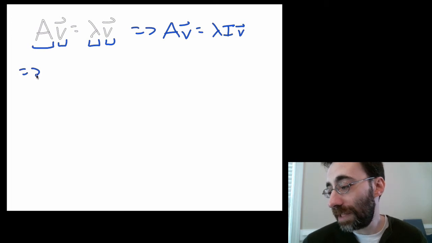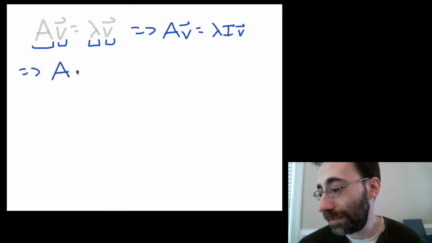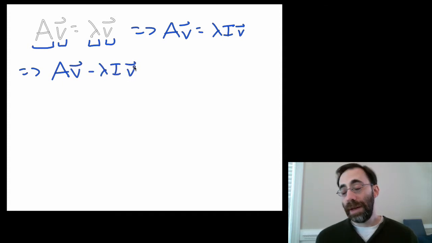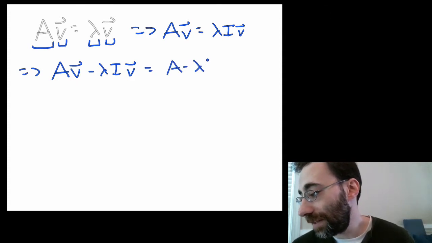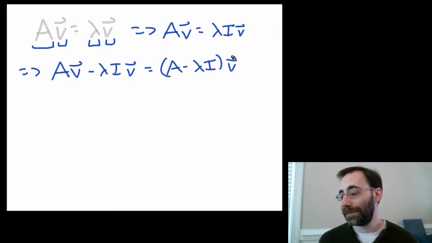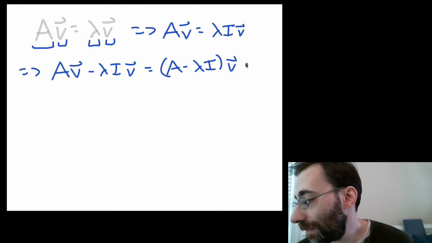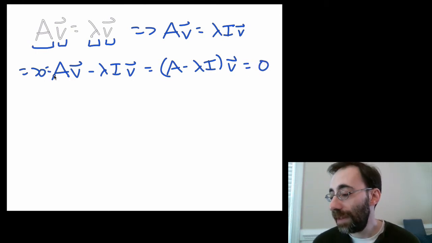Now, we can subtract the right-hand side from both sides to get this equation. Now we note that v is right multiplying both sides, so we can distribute it, or undistribute it, I guess, to get that. And that's going to be equal to 0. I should make 0 on this side.